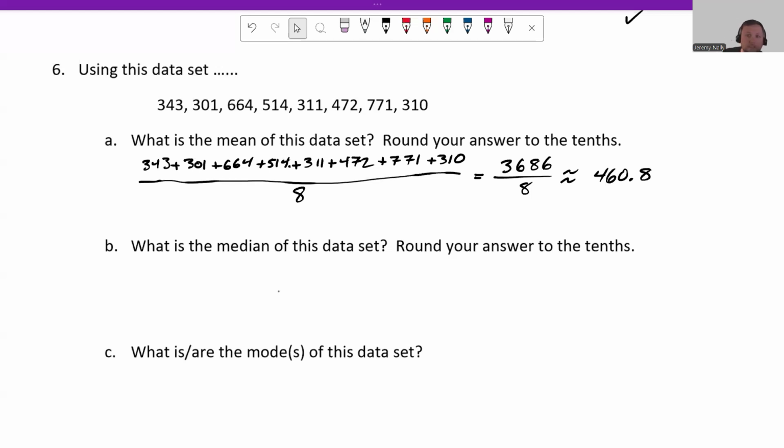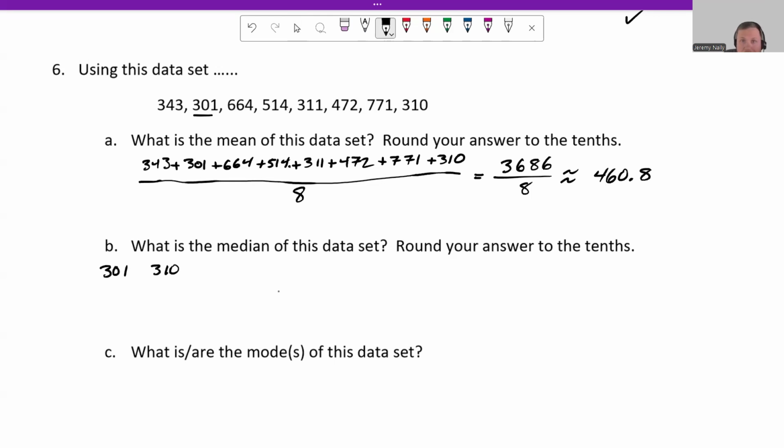Okay, the median. So I have to actually sort this. So I go through and I find the smallest thing. So 310, and then, I'm sorry, 301.